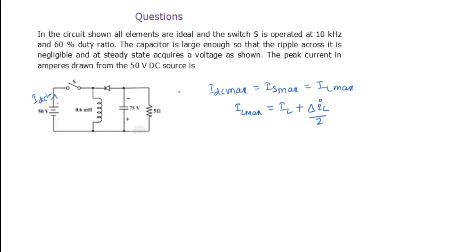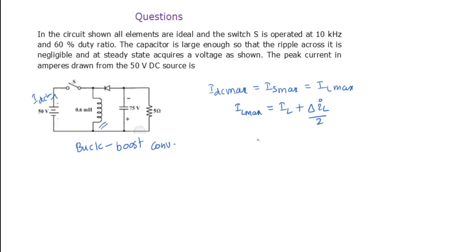So IL and delta IL by 2 depend on what circuit diagram is given here. To identify which circuit diagram is given, we need to look at the inductor location. The inductor is neither connected on the source side nor on the load side, so it is in the middle. If it is in the middle, then it is a buck boost converter.